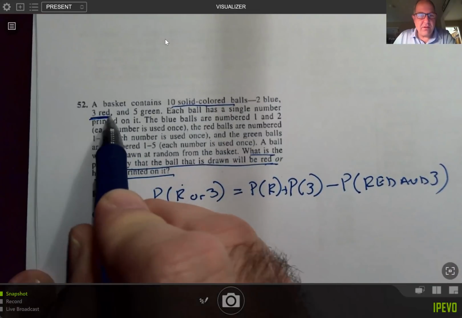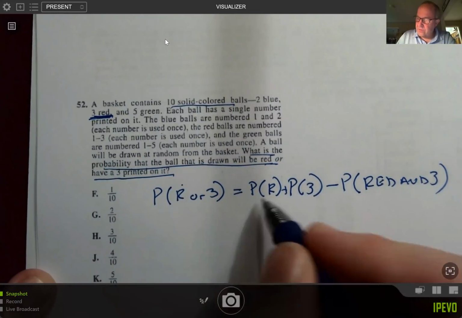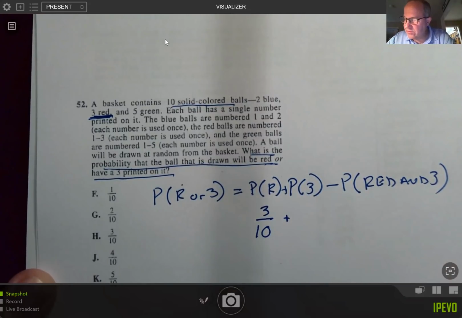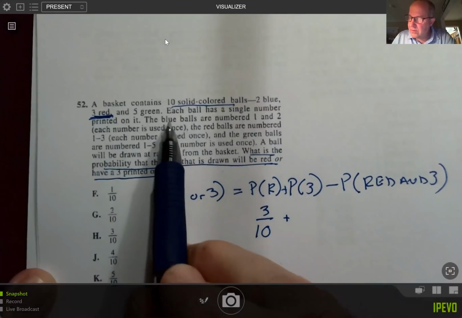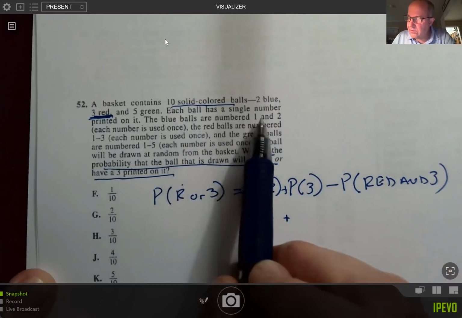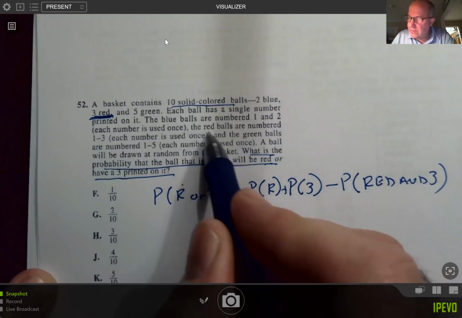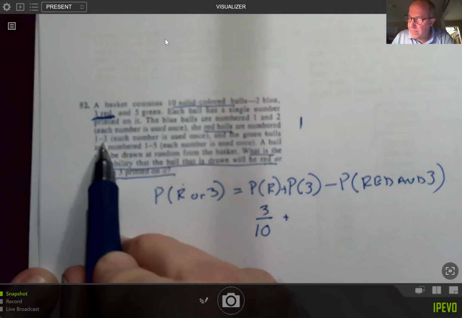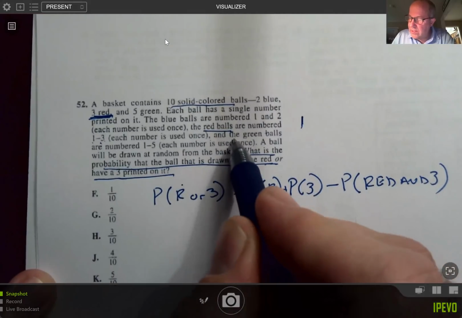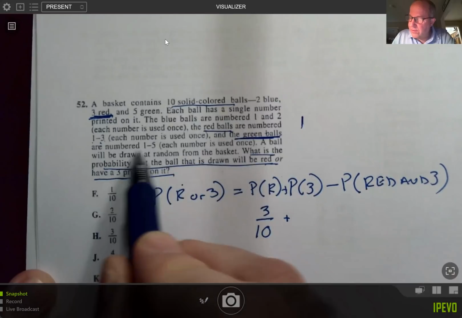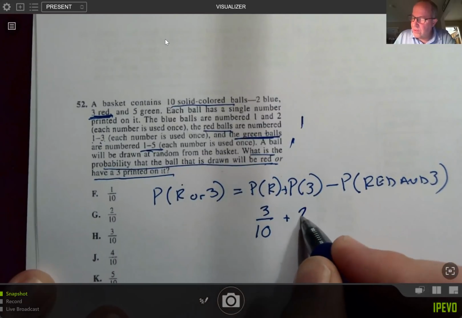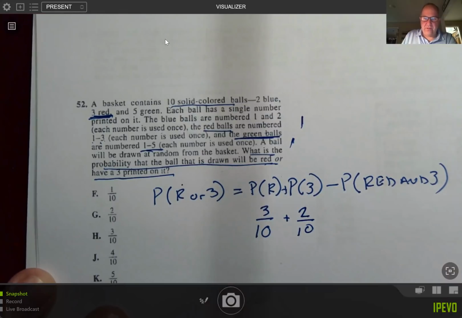There's 3 red. So 3 out of 10. Now, let's see how many 3s there are. See, the blues are numbered 1 and 2. The reds are numbered 1, 2, and 3. So there's 1 there. And then the green are numbered 1 to 5. So there's another one for that. So there are 2 out of 10, right, of 3s.